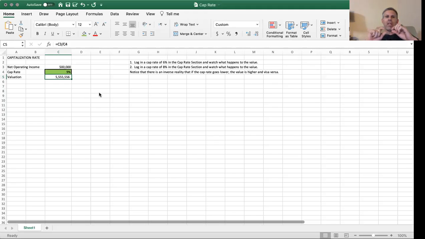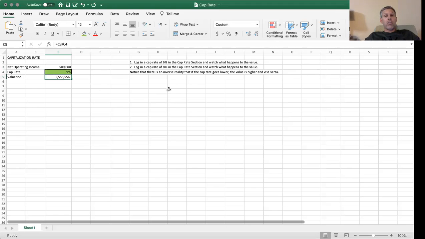So the capitalization rate is used to value properties based on what's called the income approach. So the income is in place, we divide it by a cap rate, and that's determined by sales that have happened in the past, what they generally think is going on with that particular property type. So they compare it and come up with what they believe is a cap rate in order to determine value.